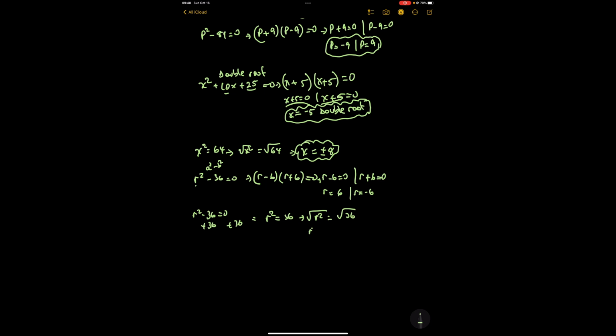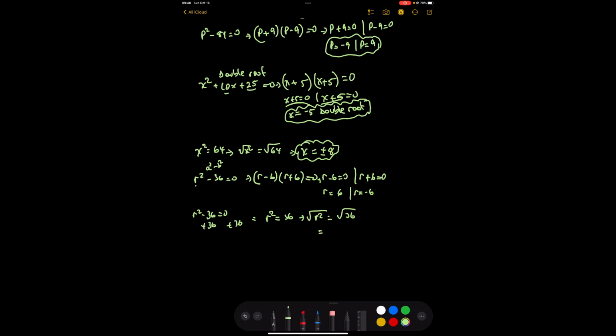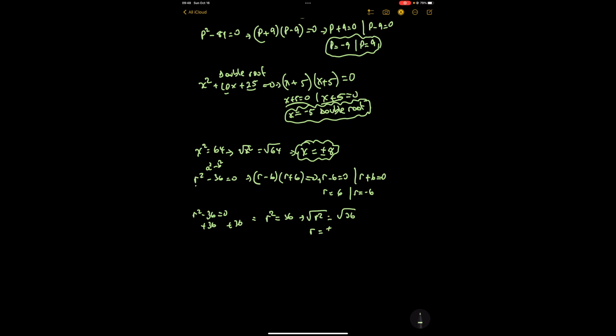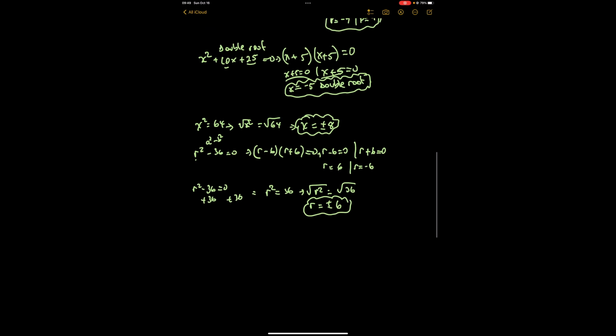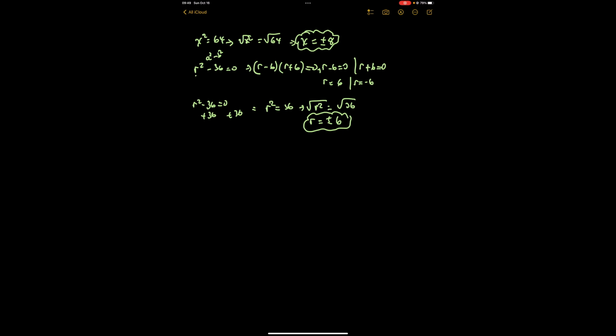So now we have r equals plus or minus 6, which is basically much easier than the first one. So you see, guys, sometimes taking the square root is the better option.